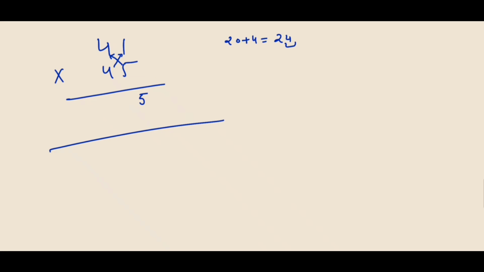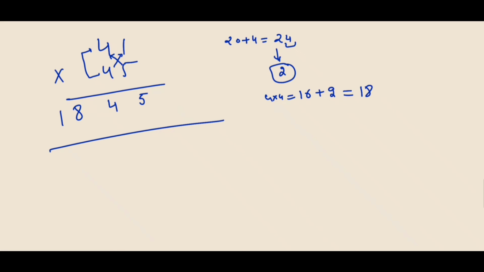So 4 I will write at tens place, and 2 is my carry forward. Next we have to multiply this 4 with 4. 4 into 4 is equal to 16, and we have to add this 2 to this 16, we'll get 18. So here my answer is 1845. So see, within a fraction of a second we found this multiplication.